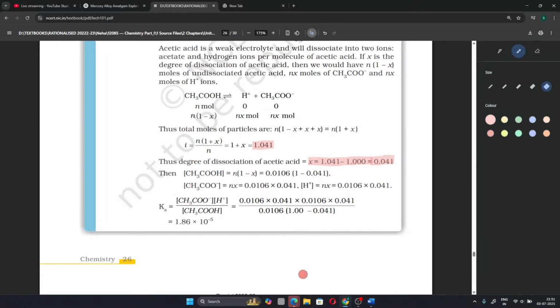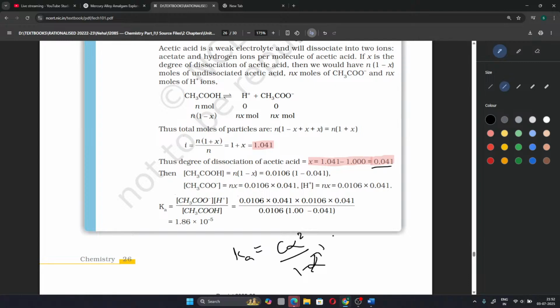And we have a formula where the dissociation constant Ka equals C alpha square by 1 minus alpha, where alpha is the degree of dissociation of acetic acid, which we have as 0.041, a small value.